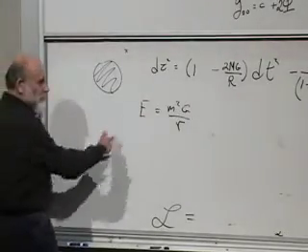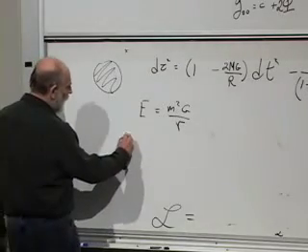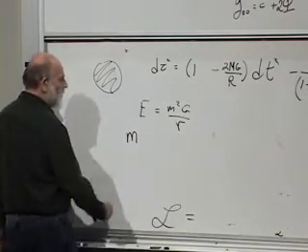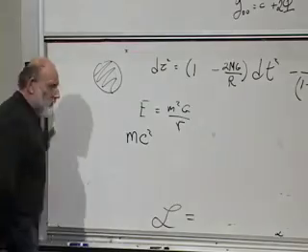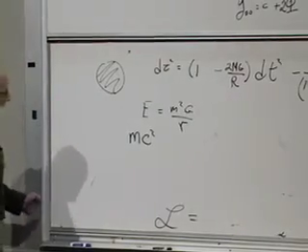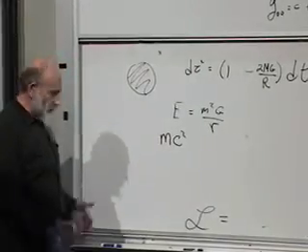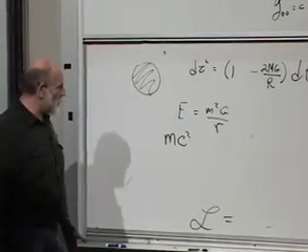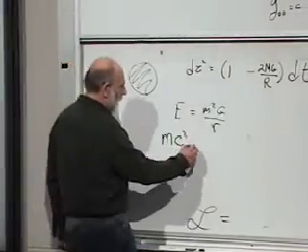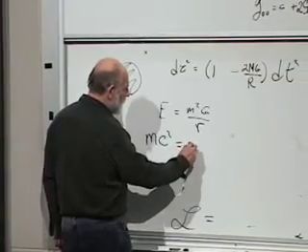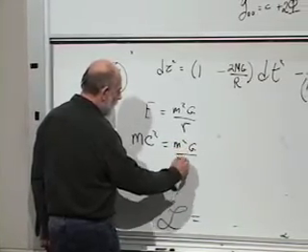So what's the units of energy? Units of energy are mass times velocity squared. Let's use c squared. Has units of mass times velocity squared, where c has units of velocity because it's the speed of light. And that's got to equal m squared G over r.